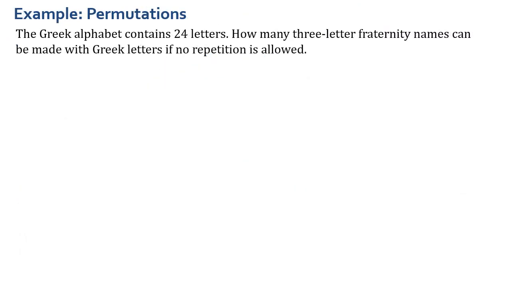So let's look at another example. The Greek alphabet contains 24 letters. How many 3-letter fraternity names can be made with Greek letters if no repetition is allowed? So let's first see if we're dealing with a permutation. With a permutation, there are distinct objects, which, 24 letters, they're all different letters, so we have that.